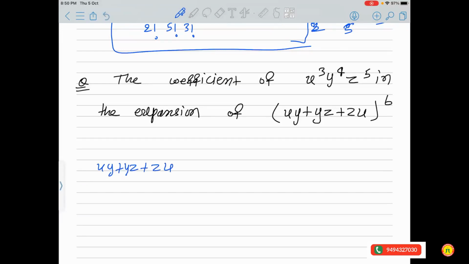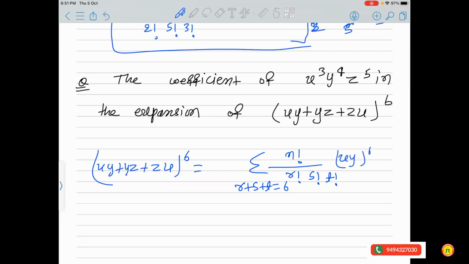We can write the expansion as the summation over r plus s plus t equal to 6 of 6 factorial upon r factorial s factorial t factorial, into (xy) power r, (yz) power s, and (zx) power t.